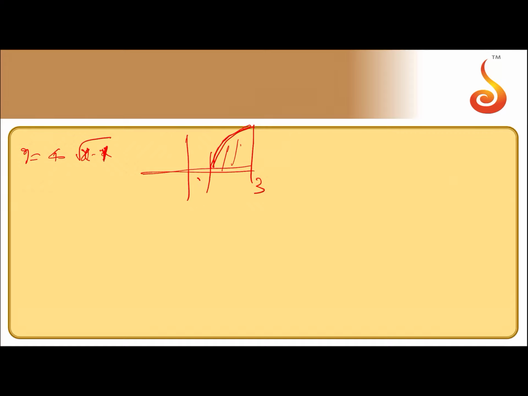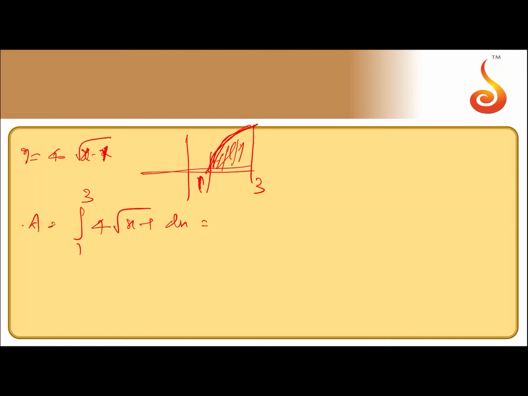From x equals 1 to x equals 3, this is 1 and this is 3. So we need to calculate the area under this curve from 1 to 3. The area is the integral from 1 to 3 of y dx, so 4 into root of x minus 1 dx.